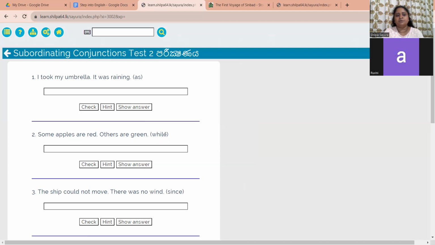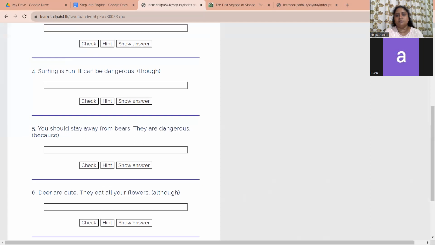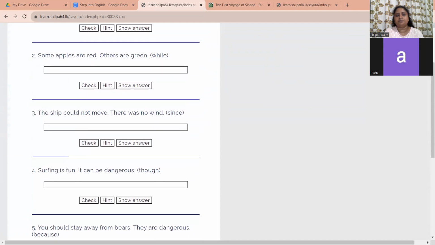So you have to use the conjunction while. Some apples are red, others are green. Yes, give it a try. Some apples are red and others are green. What is the answer?